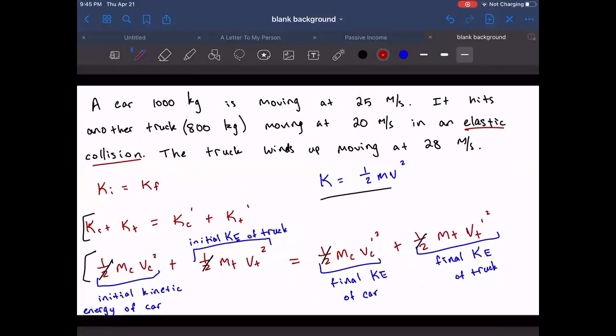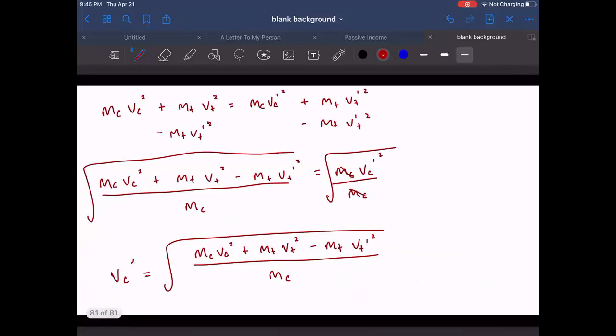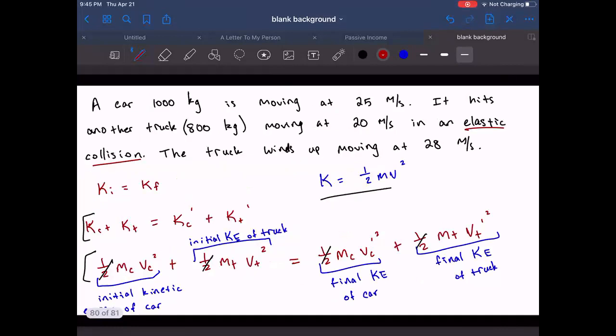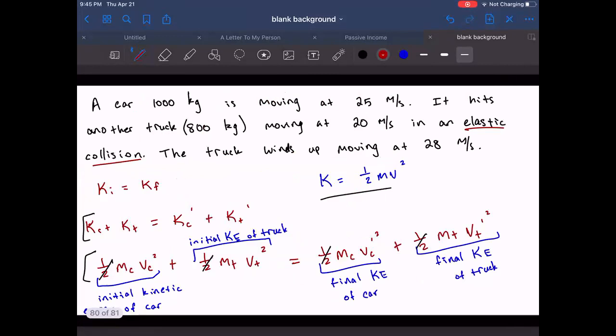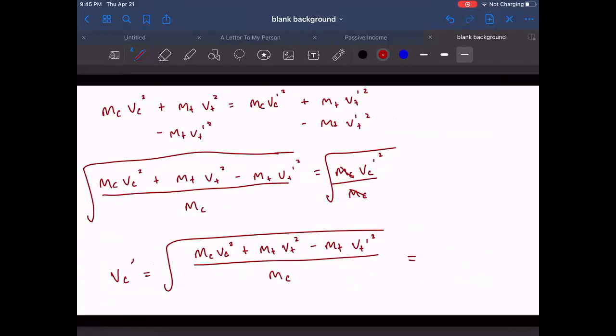And then the primes are for the final. So it's minus the mass of the truck, 800 times, finally moving at 28. So 28 squared, great, divided by the mass of the car, which is 1,000. We take the square root of that and get a good number, 17.8.